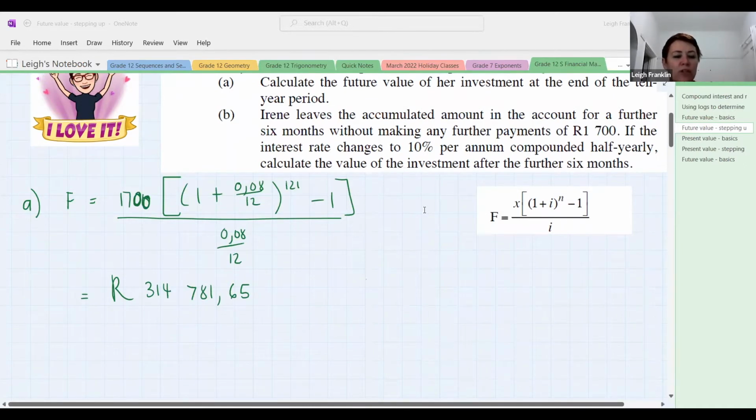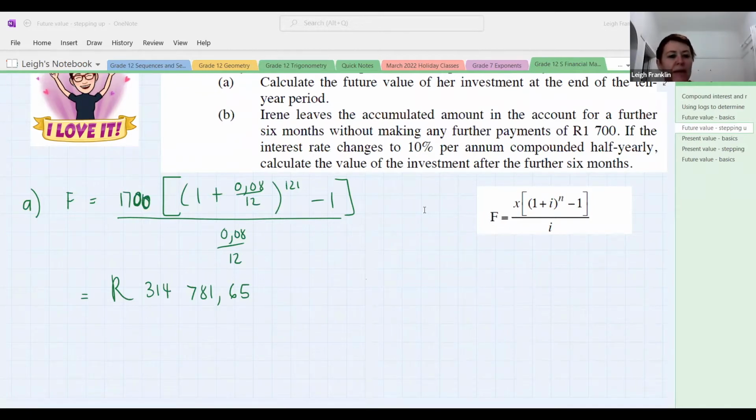Okay, all right. Now, it tells us that she leaves the accumulated amount in the account for a further 6 months without making any further payments of 1,700 Rand. If the interest rate changes to 10% per annum compounded half yearly, calculate the value of her investment after the further 6 months. Okay, so now what is important here is that the monthly payments of 1,700 Rand have stopped. So can we use the future value formula to answer question B?